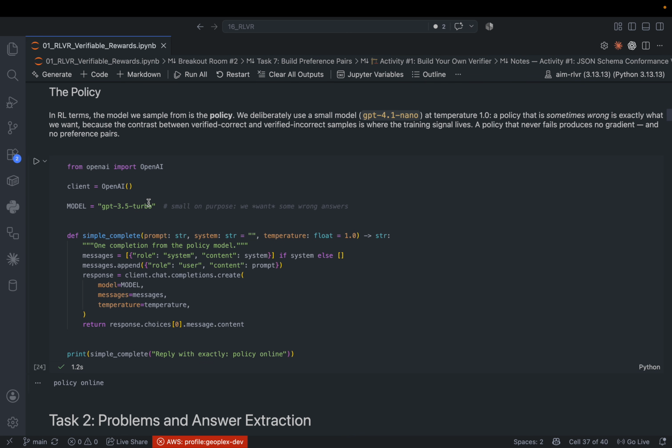So in my workbook, I dropped the model down to GPT 3.5 Turbo because we wanted to get some wrong answers and see the model improve. Using GPT 4 Mini, which was already suggested, was just too good.